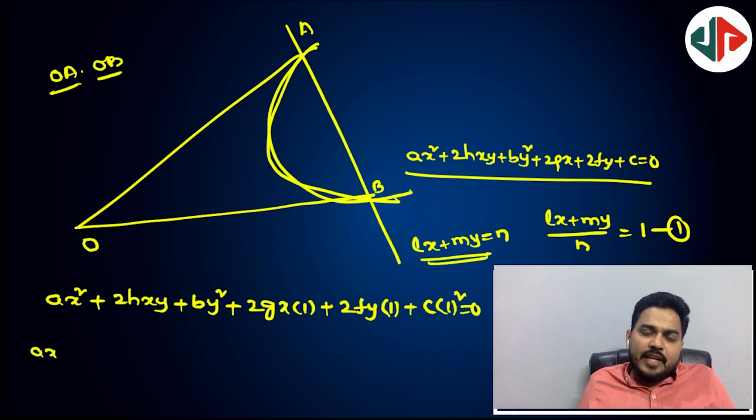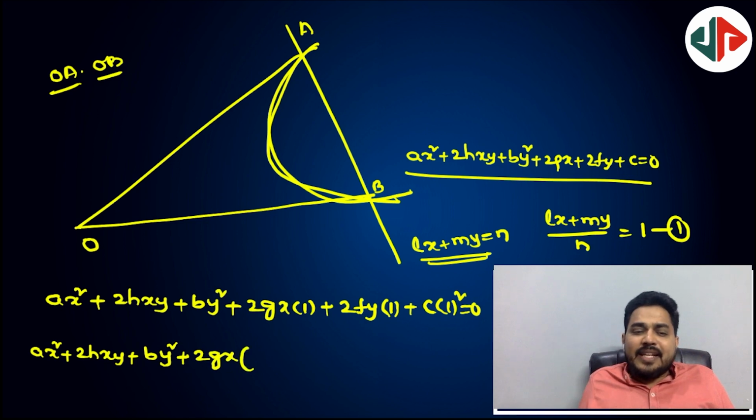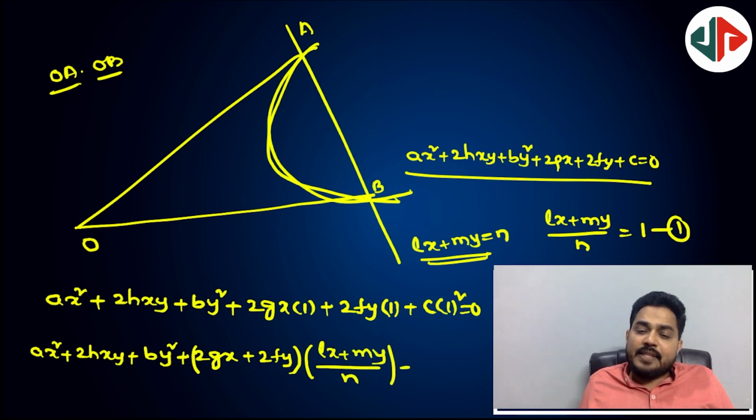So you are going to get ax square plus 2hxy plus by square plus 2gx into, okay, so what I'll do is I'll club and write these two: 2gx plus 2fy, because it is a linear equation, will be multiplied with lx plus my by n, plus c into lx plus my by n whole square is equal to 0.